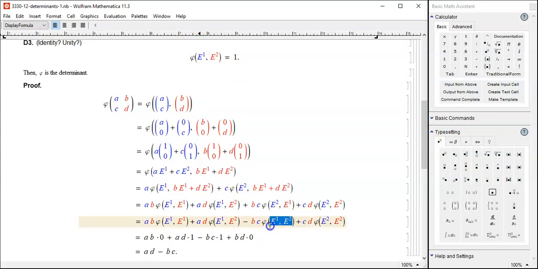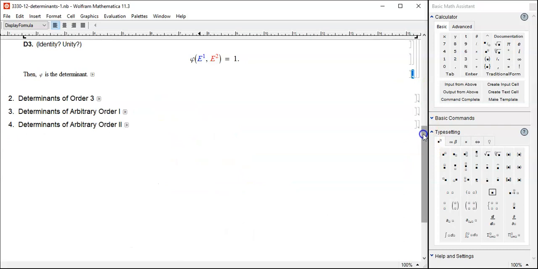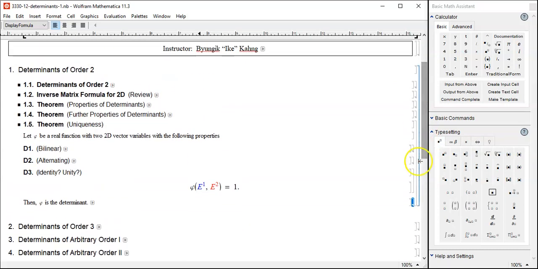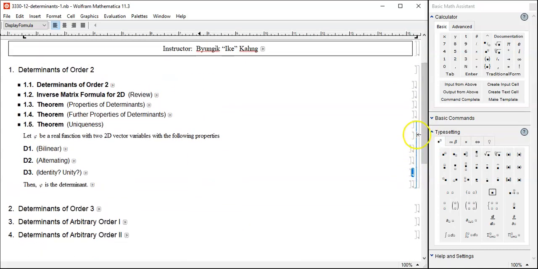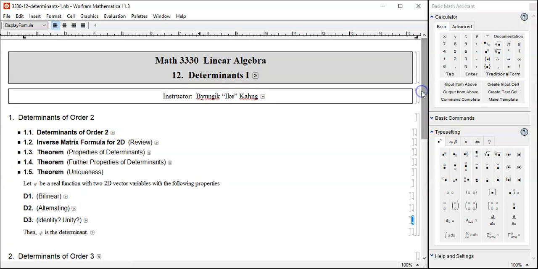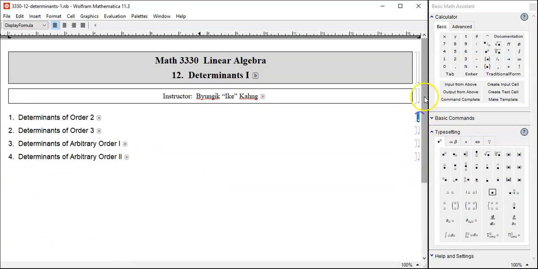Same goes over here, E1, E2, so that value is 1. So we have 1 and 1. And here's the conclusion. AD minus BC. Yes, indeed, this is a determinant. So the conclusion. If you have these three properties, multilinear, alternating, and identity properties for the 2D version, then it is a determinant in 2D.